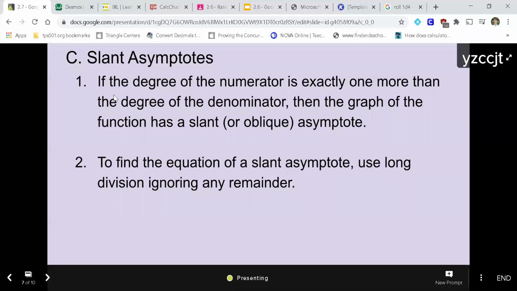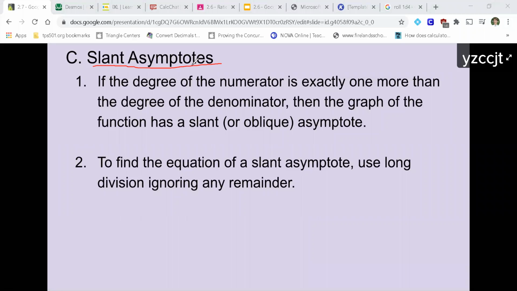Okay, so the last thing that is new that I do want you to put in your notes is, I said there's one more asymptote we have to find, and then that adds every property that we need about rational functions. And it is slant asymptotes. A rational function will only have a slant asymptote if the degree of the numerator is exactly one more than the degree of the denominator.